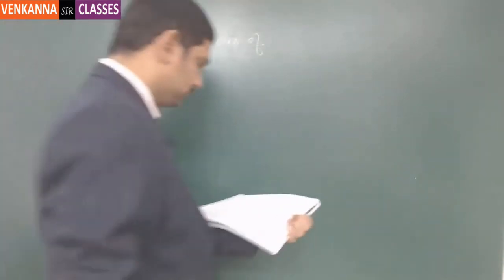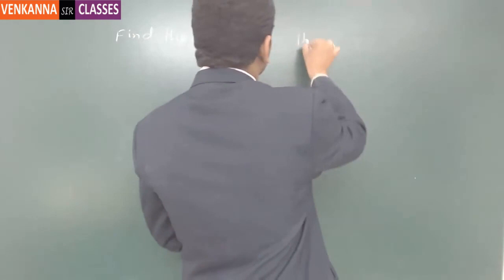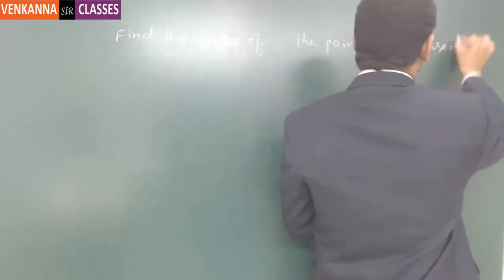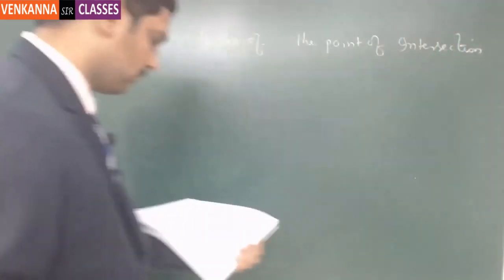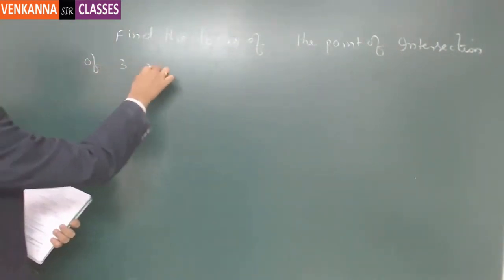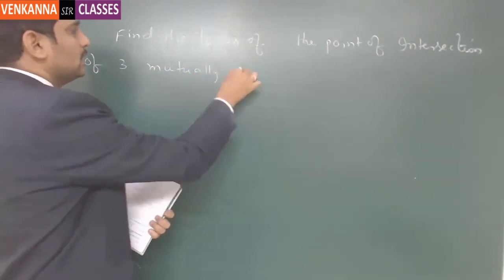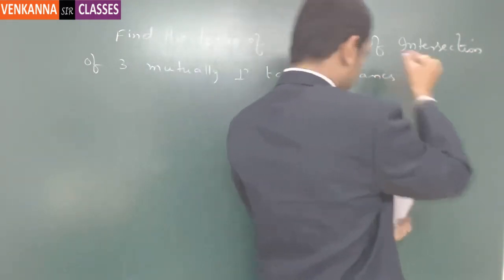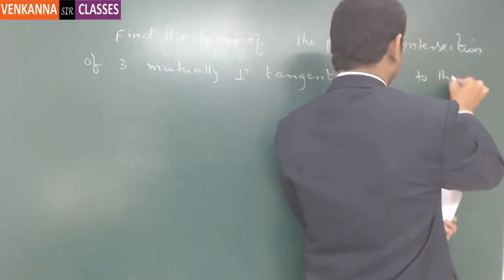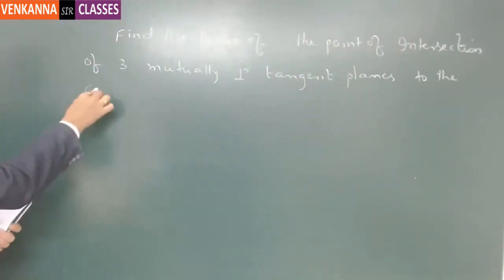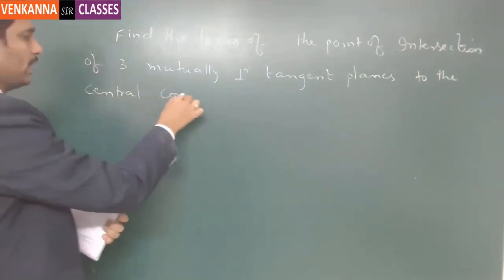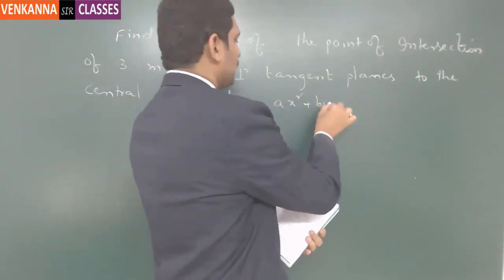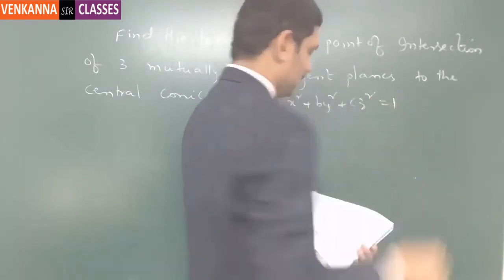Find the locus of the point of intersection of three mutually perpendicular tangent planes to the central conicoid ax square plus by square plus cz square equal to 1.